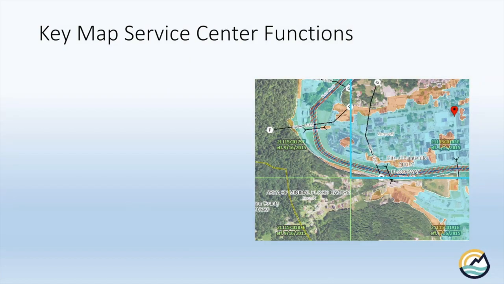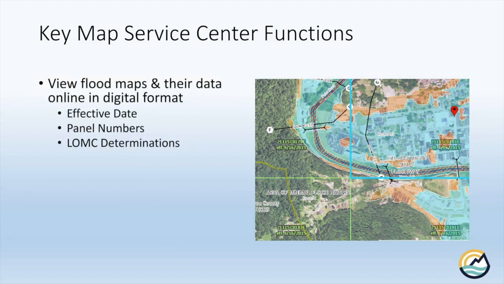So some of the key functions that the Map Service Center does include showing you or allowing you to view the flood maps and the data associated with it in a digital format. So rather than having paper map panels that you have to organize, this is all in a digital format that's very similar to how mapping services such as Google Earth, Google Maps, Bing, things like that already work.